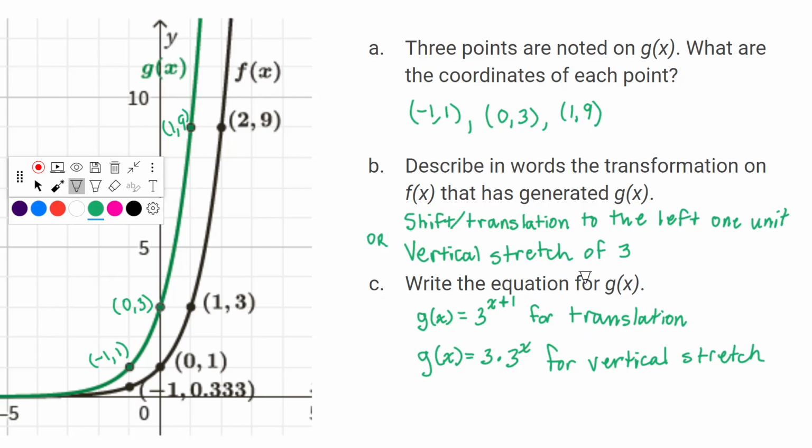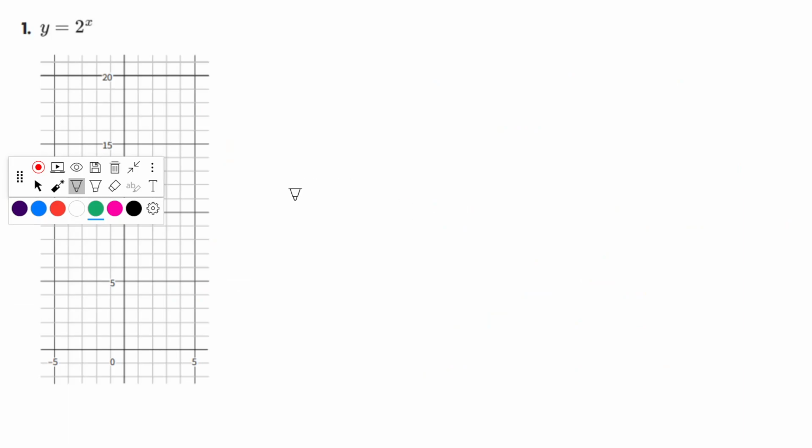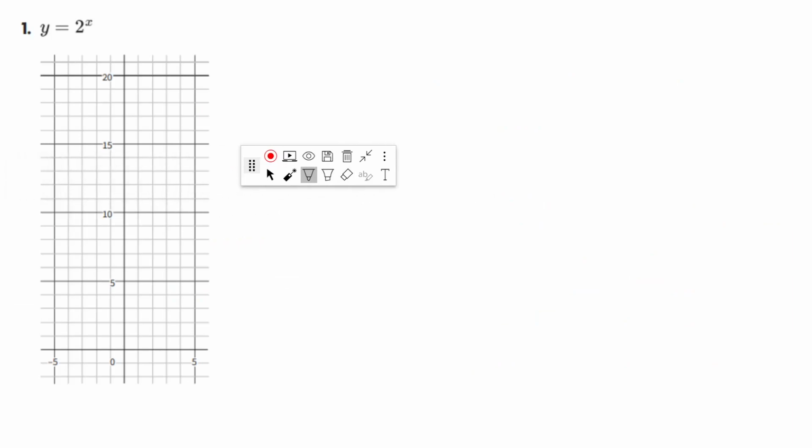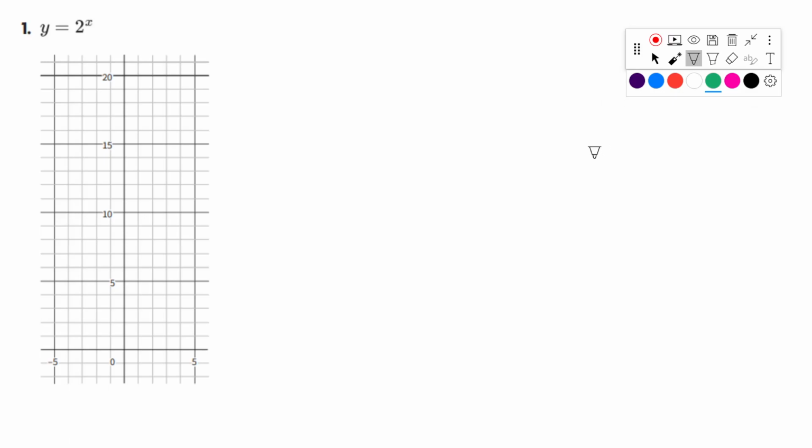Now, in the assignment, it isn't necessarily going to be that you're given one equation and the other one on the same graph. What's going to happen, and I'll just go through number 1 with you. One thing the book says is for the domain of -4 to +4.